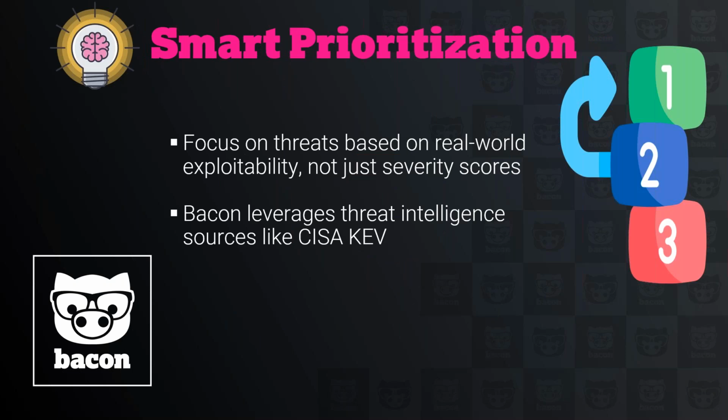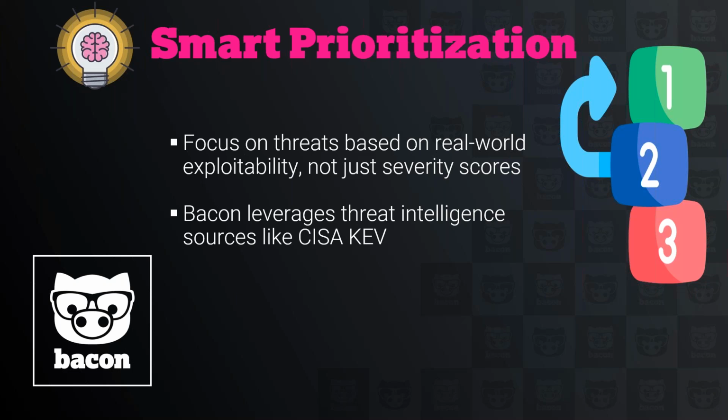So smart prioritization: focus on threats based on real-world exploitability. This is a big thing that I feel like we've really conquered effectively. One, of course, we have all of the data that's known about the severities of different vulnerabilities. We're capturing all of the metadata about these vulnerabilities and delivering that to you in an easy, sortable and searchable way. But also, we have the CISA KEV list, which, if you've never seen that before, is the currently exploited vulnerabilities in the wild.